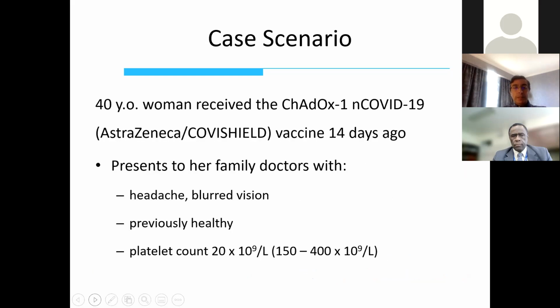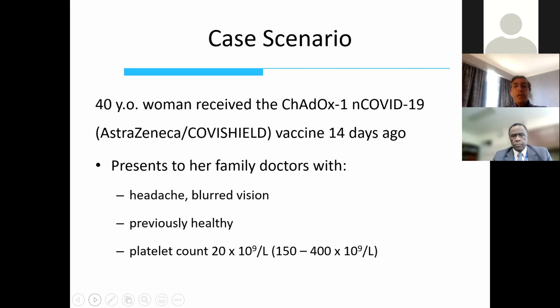So the typical case scenario that triggered the regulatory bodies in Europe pertained to mostly female nurses who were receiving the adenovirus vector-based vaccination and in whom the thrombotic complications arose.